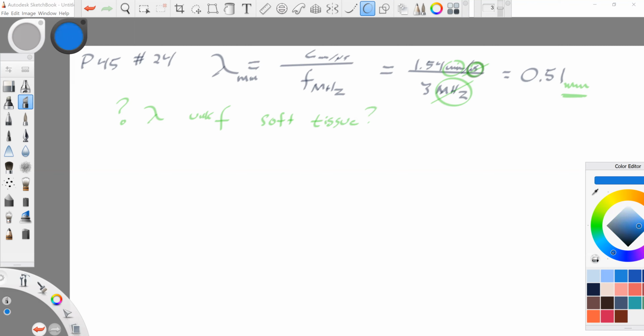Question, guys. Is this extraneous information? A lot of times questions give you extra information you don't need just to throw you off. Is that extraneous information? No, it is not.